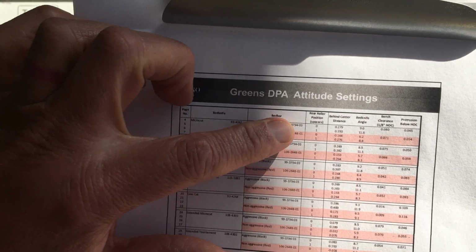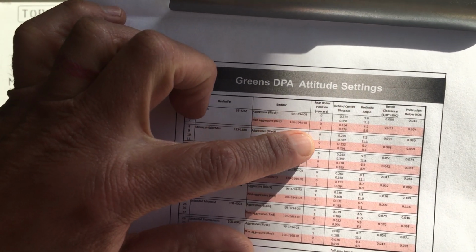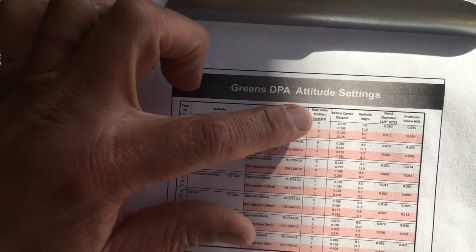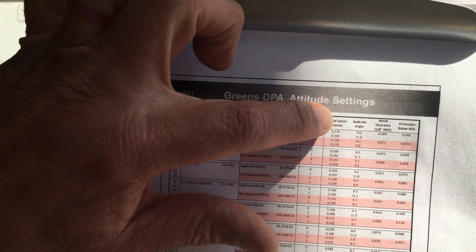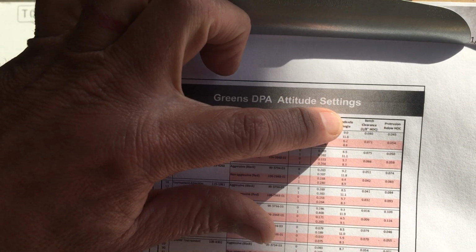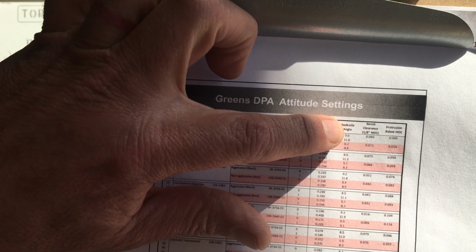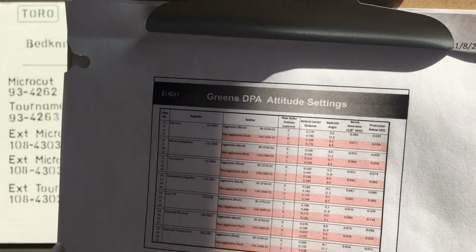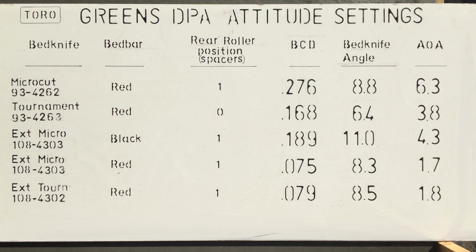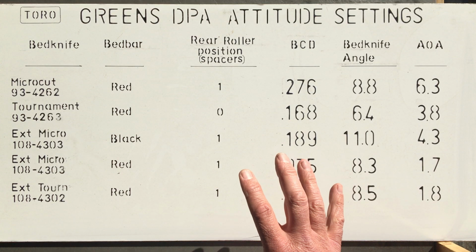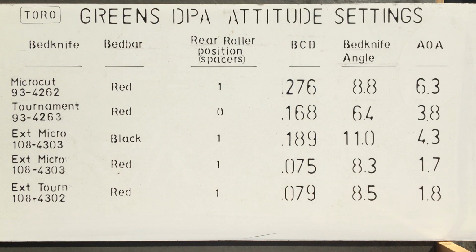And this chart shows that the behind center distance has no correlation with the attitude or the bed knife angle. So I've extracted the most important information from that chart, and I've got it here so it's easier to understand.